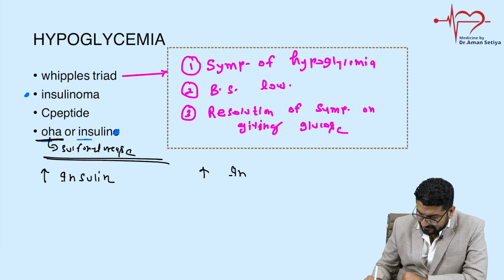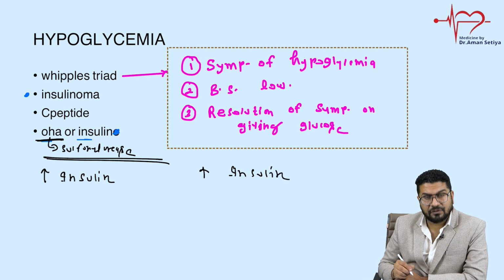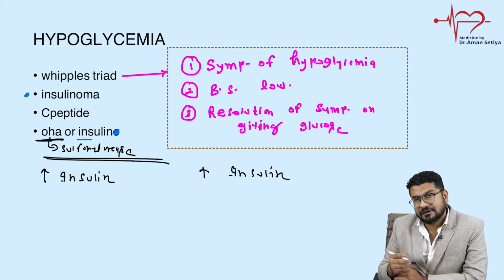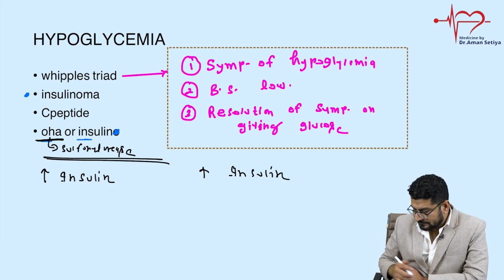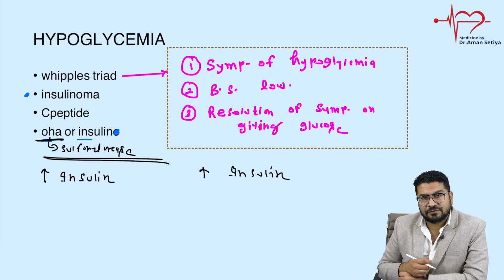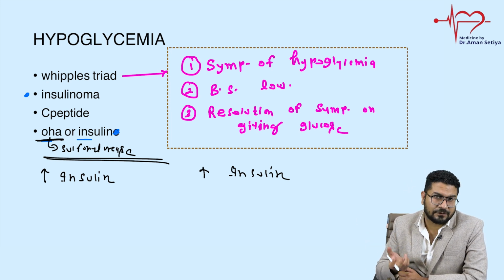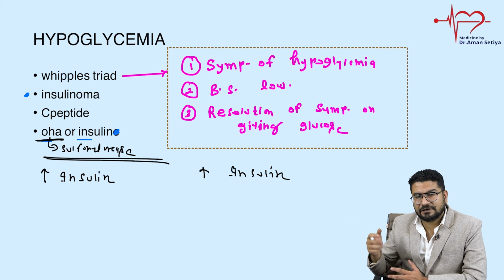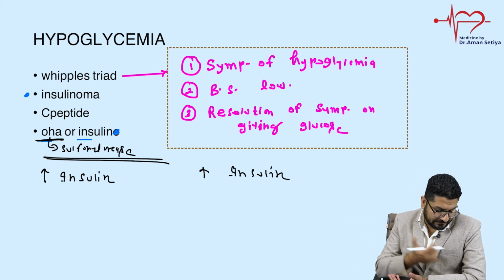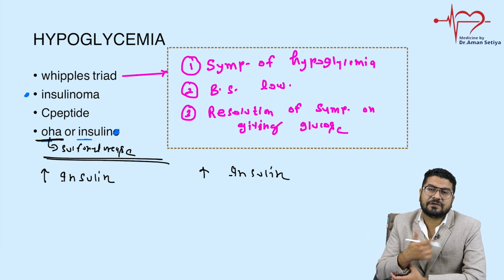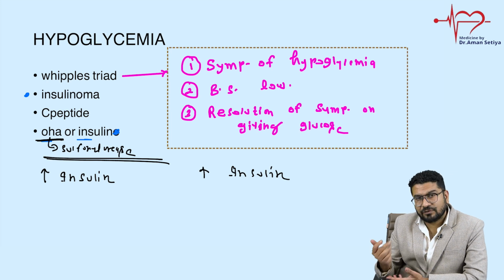Insulin can be high both in insulinoma and in exogenous administration. Suppose you prescribe the patient 20 units of Lantus, a long-acting glargine, but the patient on his own, or listening to another doctor or a relative, gives himself 25 units, and has hypoglycemia.